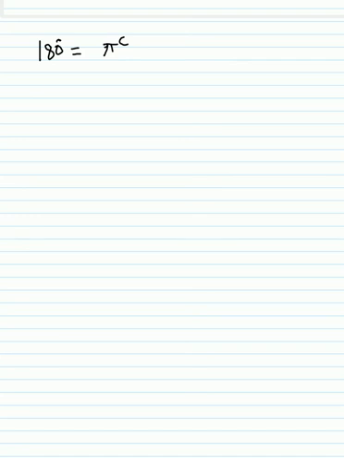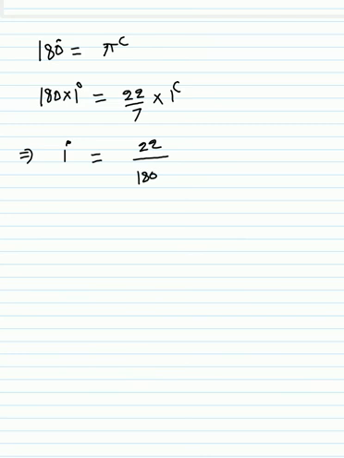So that means we can write it as 180 into 1 degree is equal to 22/7 into 1 radian. So now we can take it as 1 degree is equal to 22 divided by 180 into 7 into 1 radian.